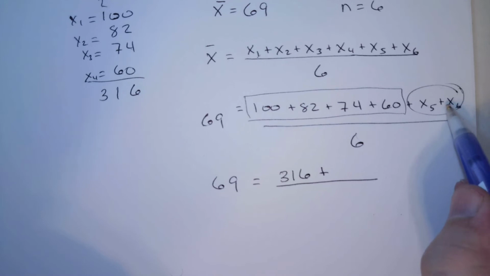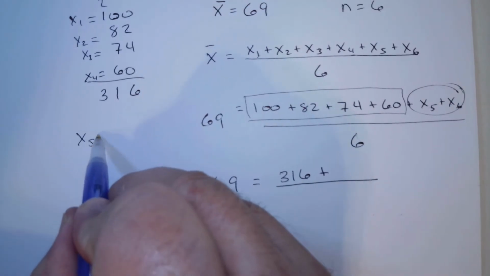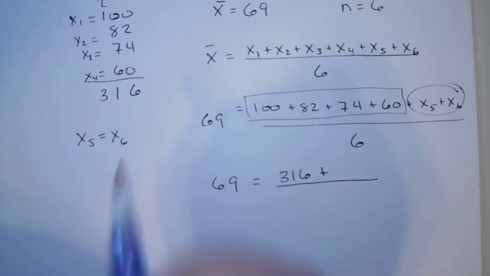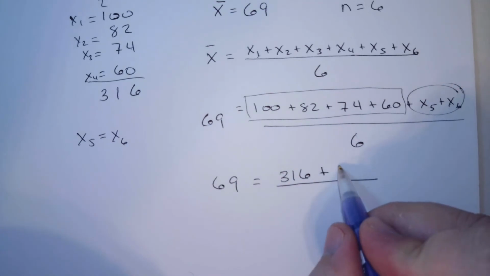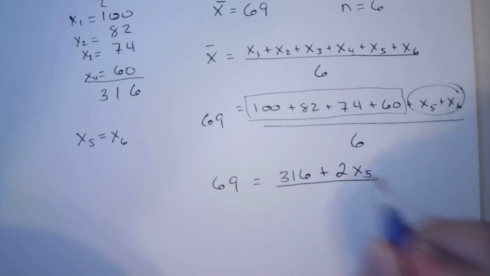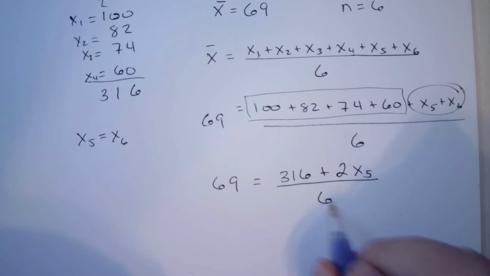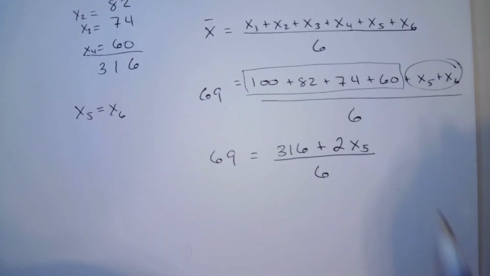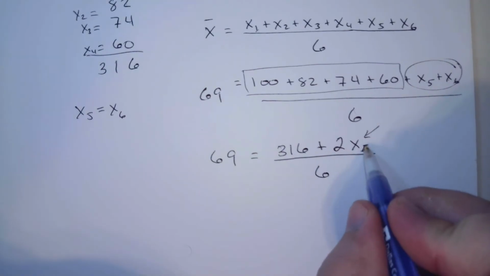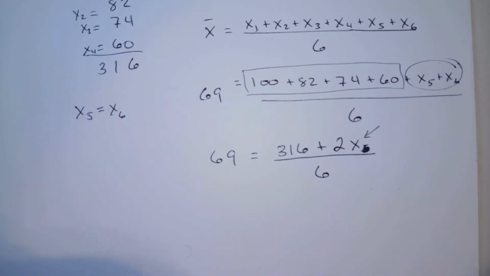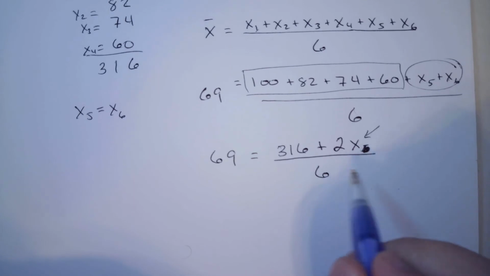And remember also, x5 and x6 were the same. So we had 2 of x5 grades divided by 6. Our objective is to find what x is. Since both grades are the same, we're looking for that grade.